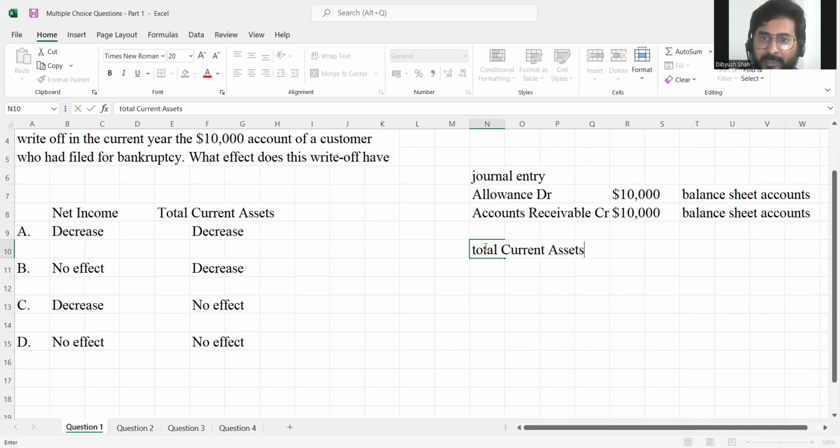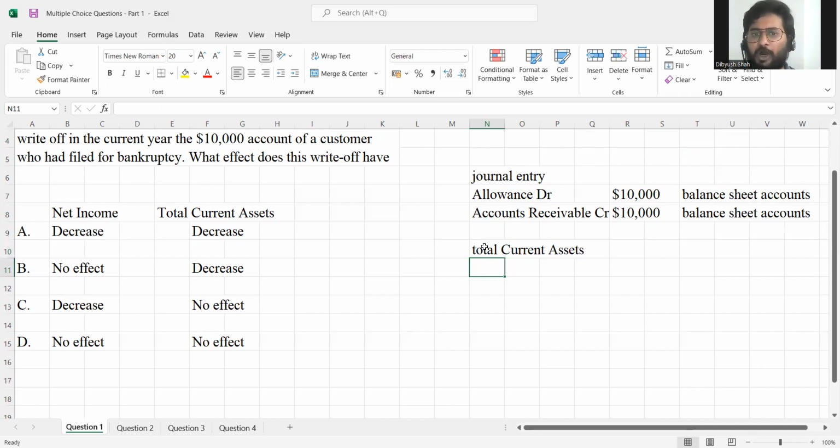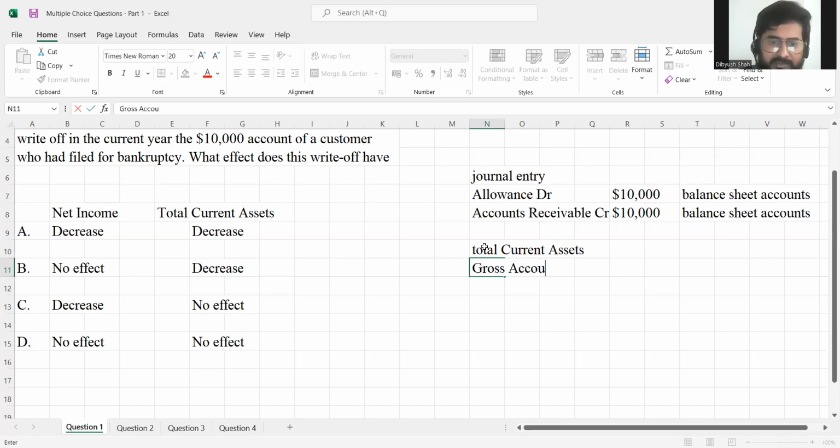If you guys remember, the presentation of allowance is something like this. Gross accounts receivable, less allowance for uncollectibles, and then you have accounts receivable, that is AR, at net realizable value.